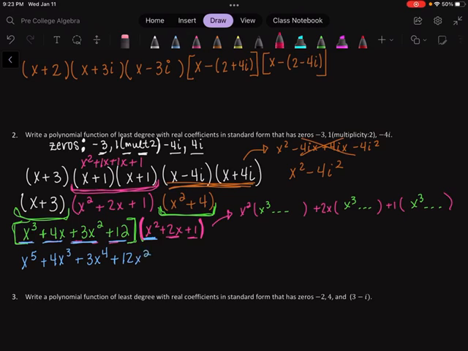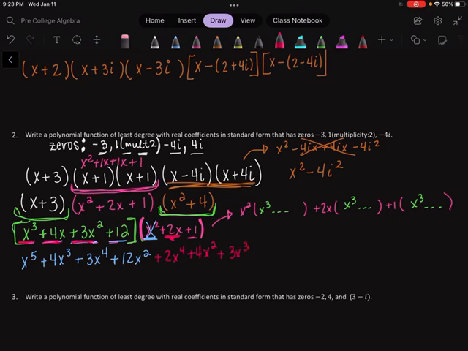All right, now I'm going to do the same thing. I'm already finished with this x squared, but I now need to do it with the 2x. So 2x times x cubed is positive 2x to the fourth. 2x times 4x is positive 8x squared. 2x times positive 3x squared is positive 6x to the third.